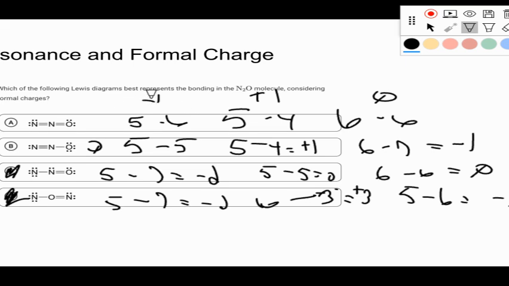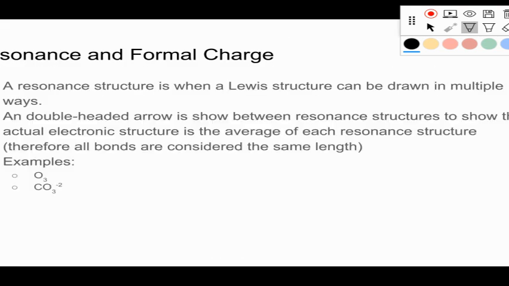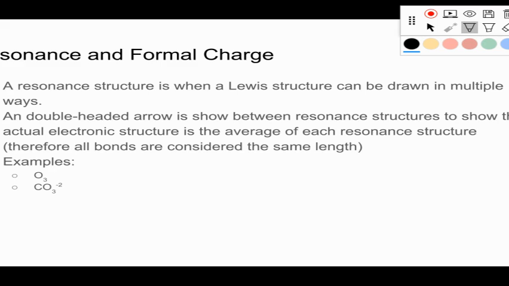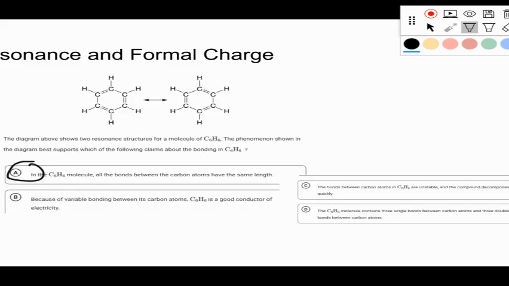Then we have to decide which one is better because both of them end up being neutral, which is what we have to have for this atom because it's not polyatomic. And then we have to decide which one is going to be the better option. Remember when we looked at the notes a minute ago, here's resonance, here's formal charge.